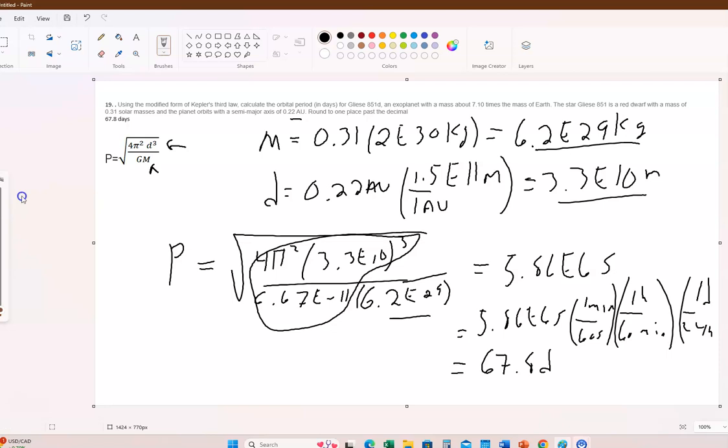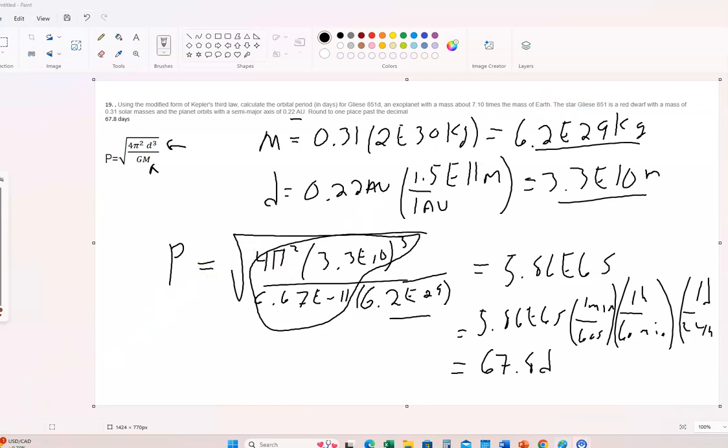All right, so that's how long it takes this exoplanet to orbit Gliese 851d. No, I'm sorry, that's the name of the exoplanet. Gliese 851 is the star. So anyhow, that's all right.